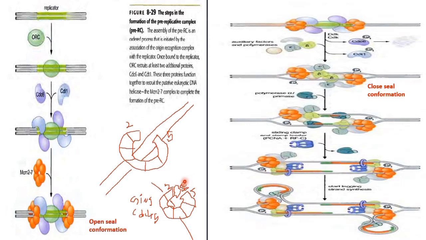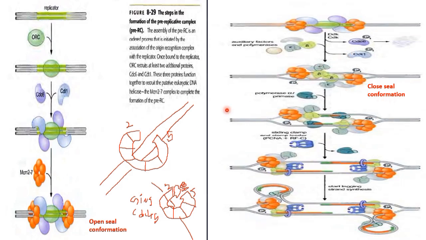This is what we refer to as CMG helicase. This is the structure, how it looks. The CDC45 and GINS fill the gap between the 2 and 5 subunits of the MCM2-7 helicase, thus forming the closed seal conformation like this.